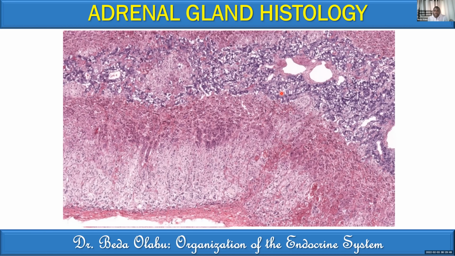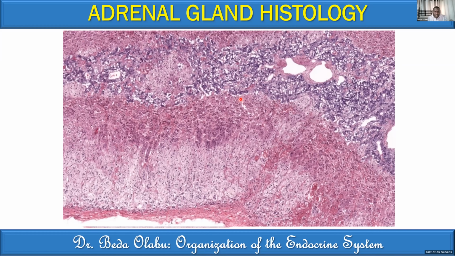So the cells of the medulla, the chromaffin cells, exist in clusters, and we have medullary veins interspersed between the clusters of cells. Remember, the cells of the medulla are called chromaffin cells. They produce catecholamines.